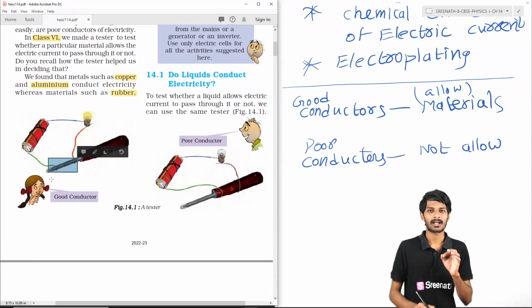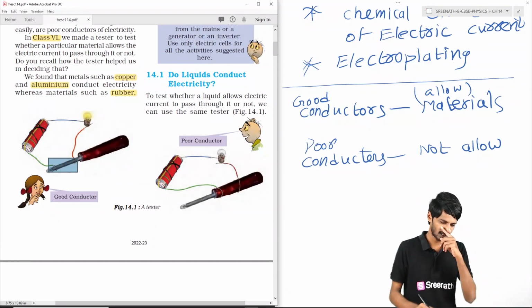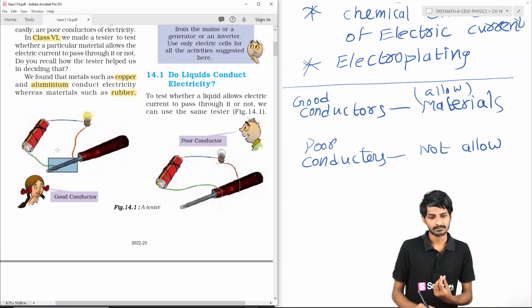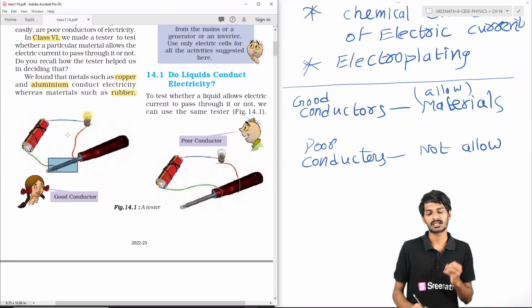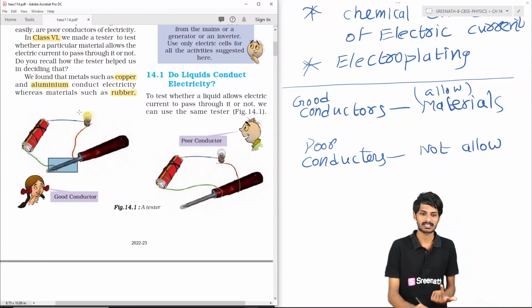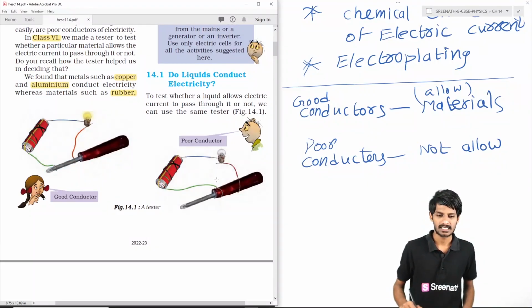This part is a good conductor of electricity. We know these wires are good conductors. The battery will provide the electricity. Whenever this electricity produced by the battery reaches the bulb, it will glow. Then we can say the circuit is complete and the current is passing.